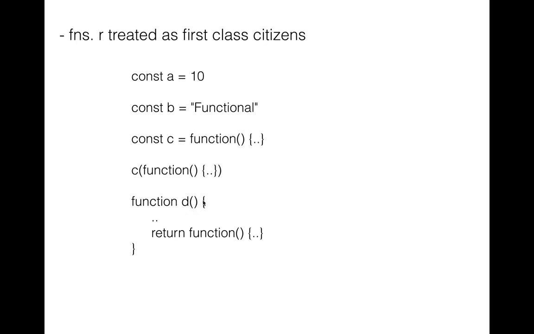Having this support is very flexible and allows for code reusability. So these are the three important concepts of functional programming style. Data and functions being separate, mutability is avoided, and functions are treated as first-class citizens.